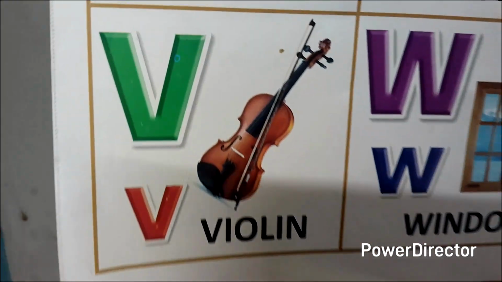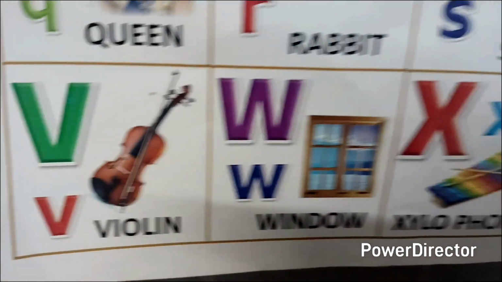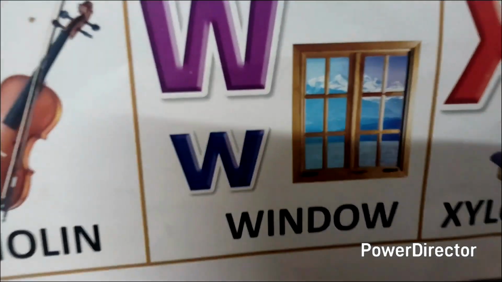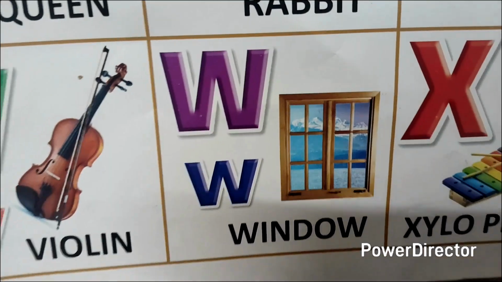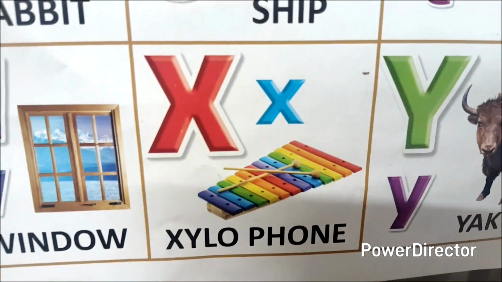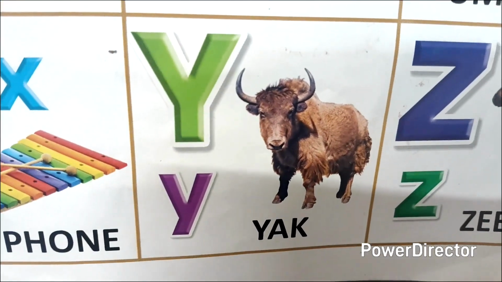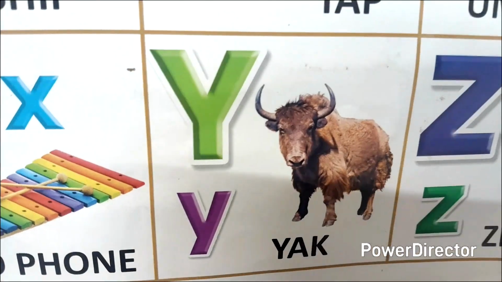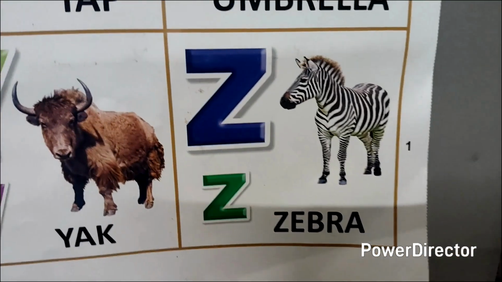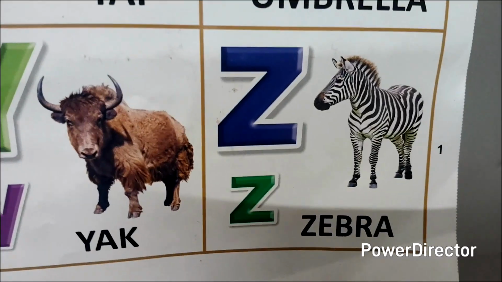V for violin. W for window. X for xylophone. Y for yak. Z for zebra.